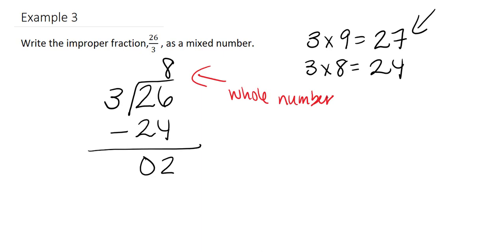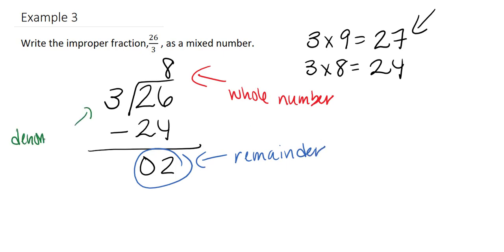Then we're going to have a remainder of 2. So this is our new numerator. And then we have our same denominator. So let's go ahead and rewrite this as 8 and 2/3.